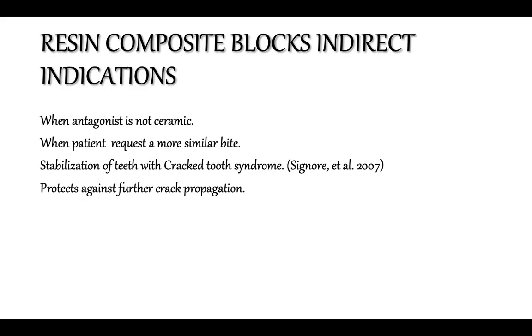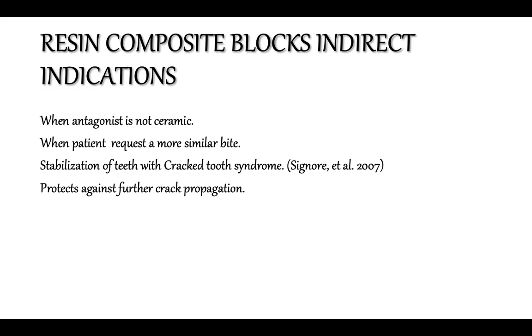The resin composite blocks also have certain specific indications, and I would say that when the antagonist is not ceramic, that could be one of the best indications for this type of block. When the patient requests a bite more similar to the actual bite that the patient has, I think it is also good, because these composite blocks are going to feel a little bit more comfortable to the patient when they bite.